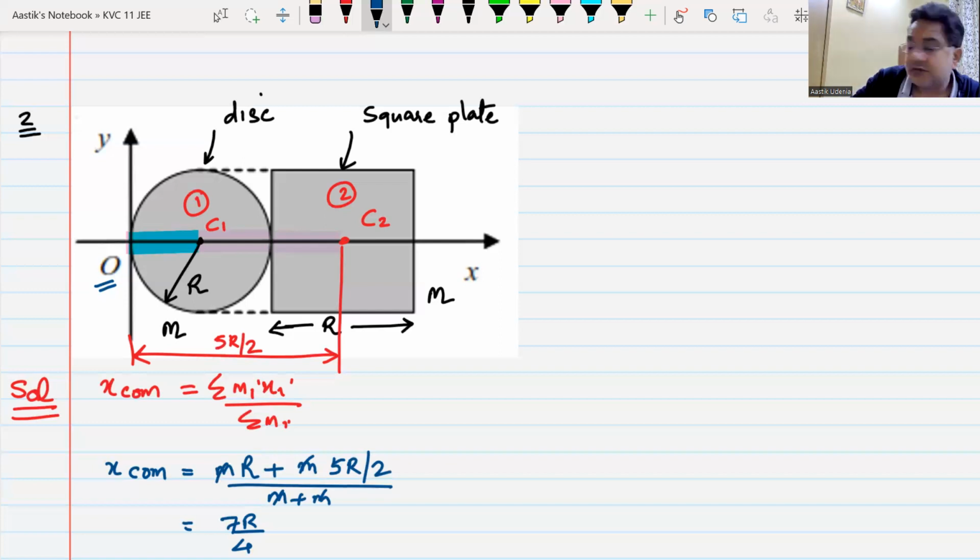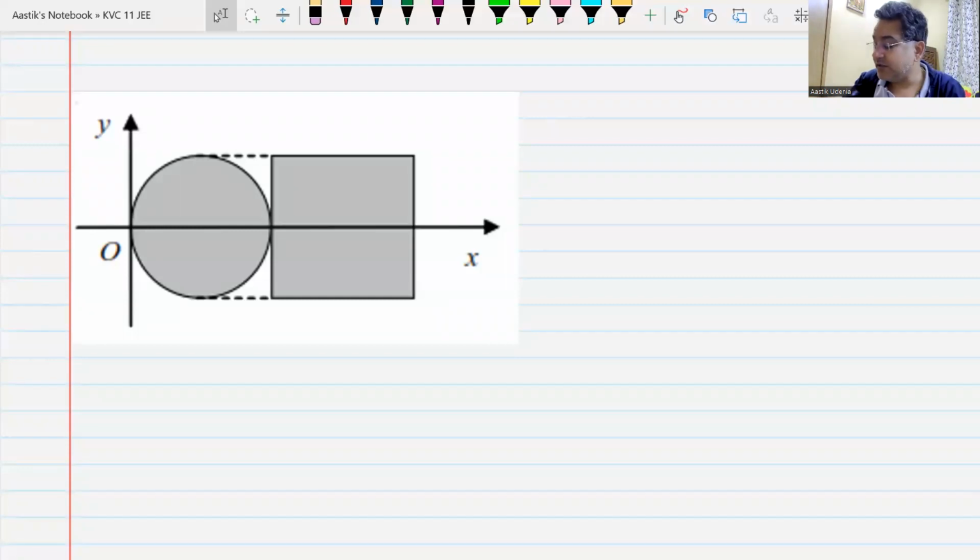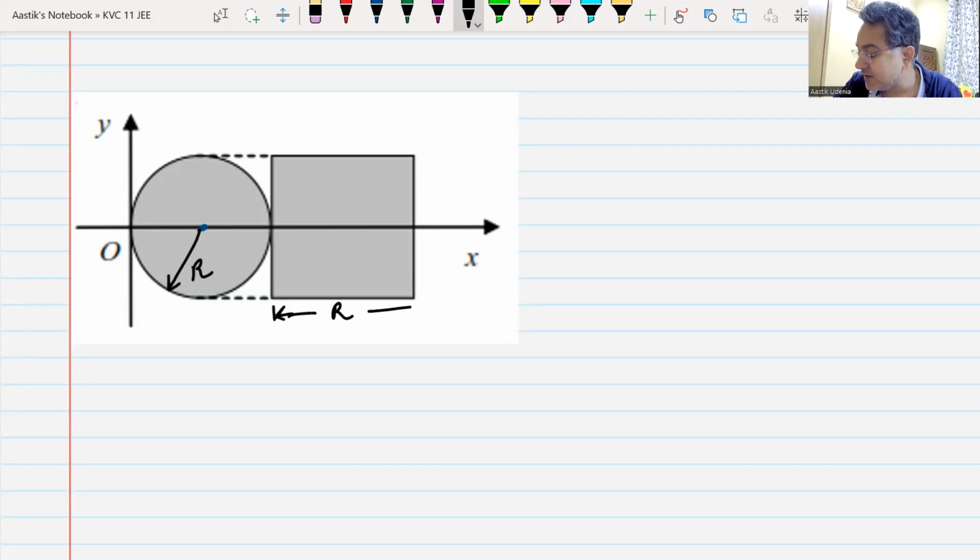Let me give you this in a different way. In the first case, I had given you the mass of the two bodies. Now, I'm not giving you the mass of the two bodies. I'm just giving you that this is R and this is R, and these two bodies are made from the same material.